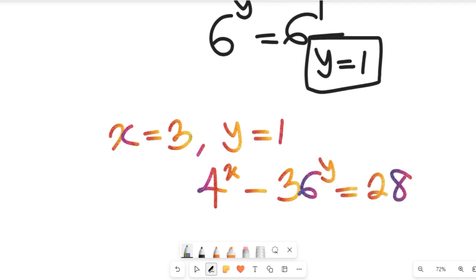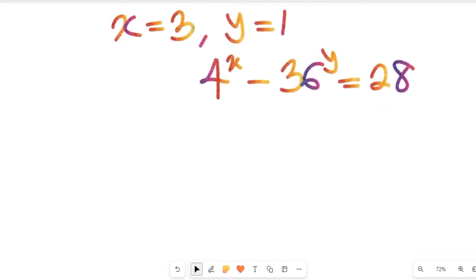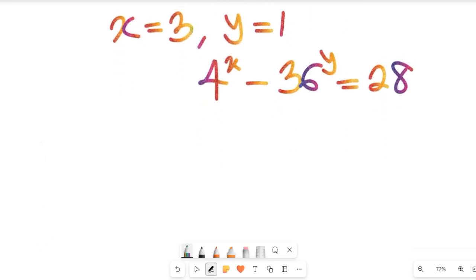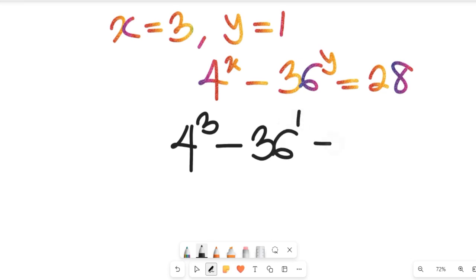Let's substitute the values of x and y into that expression. So we'll have 4 to the power of 3 minus 36 to the power of 1. Is it going to give us 28?